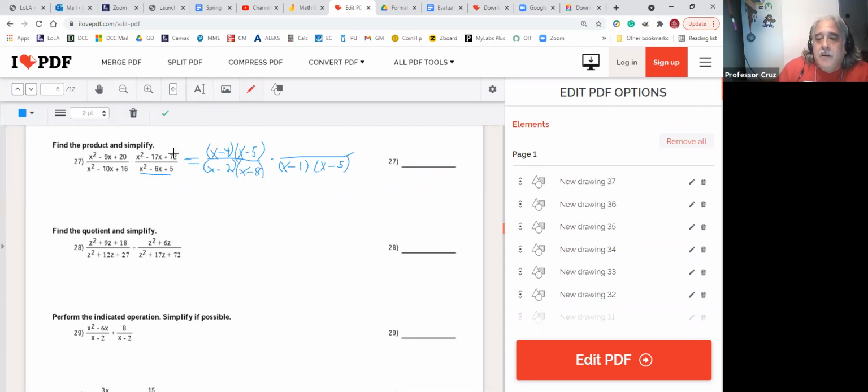Now, 8 goes into 72 9 times negative. All right. So now we can just take out any that are alike. So x minus 8, x minus 8, x minus 5, x minus 5.